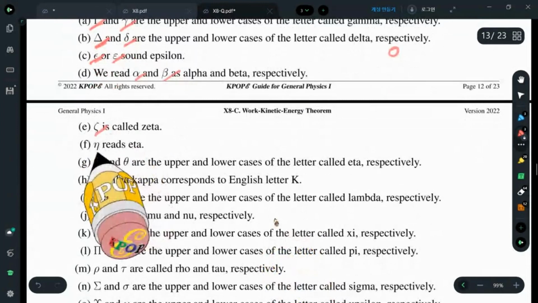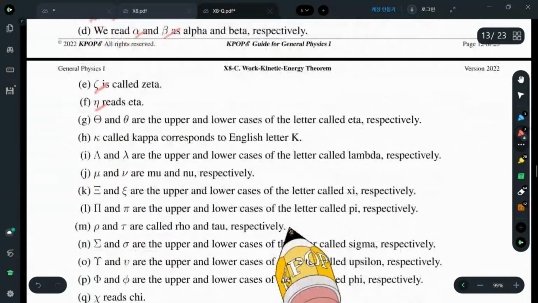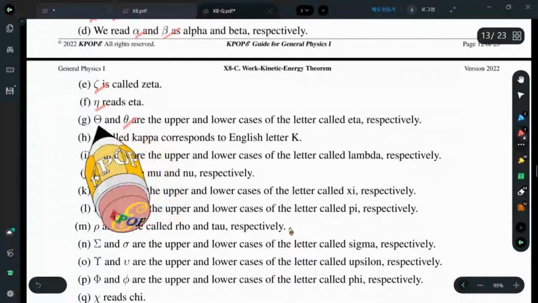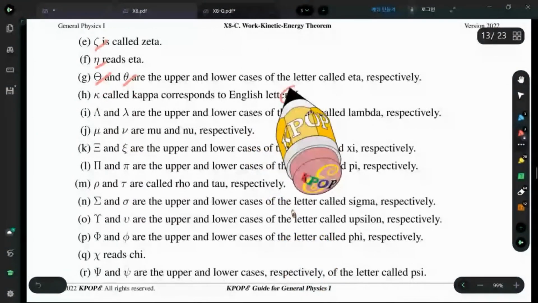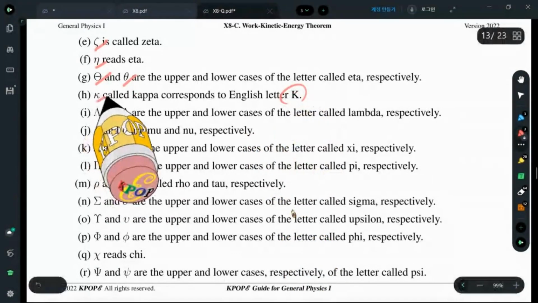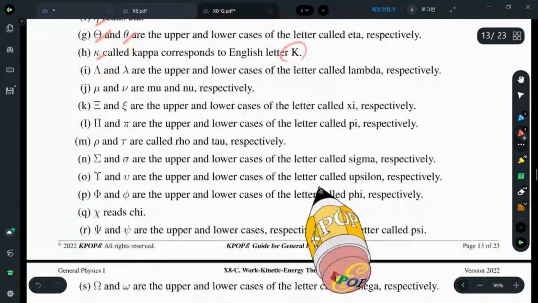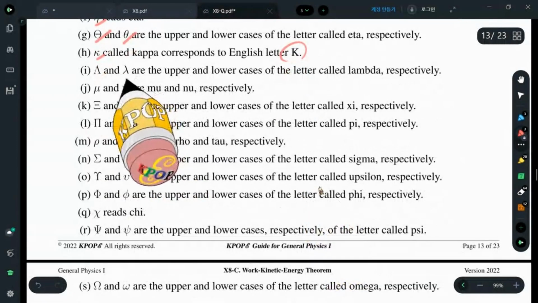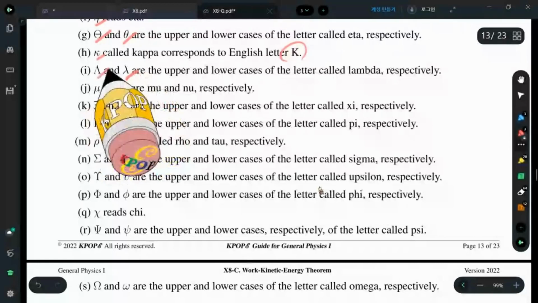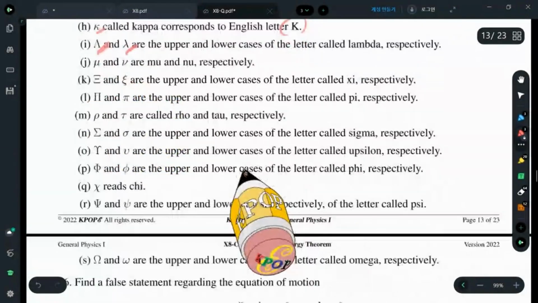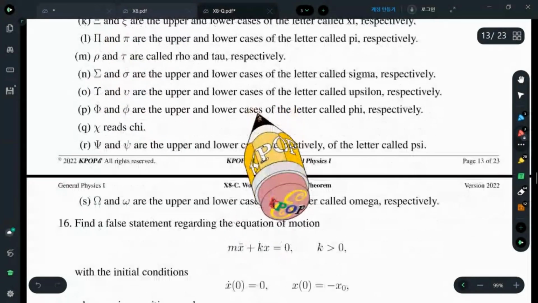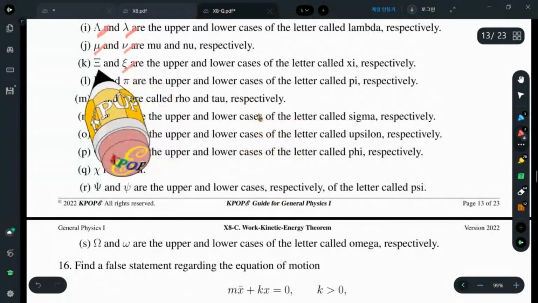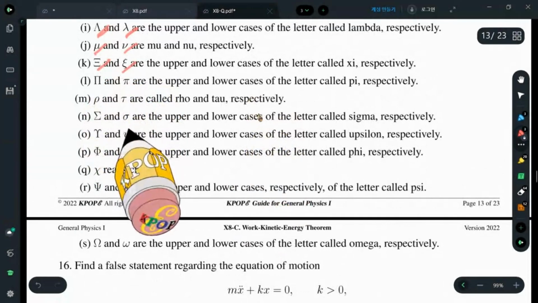And this is zeta, this is eta, this is a small theta, and this is a capital theta. And in English K, the Greek letter is kappa. For wavelengths, we usually use lambda, and capital lambda is written here. And mu, just like M, nu, just like N, appear here. And xi, small xi and large xi.